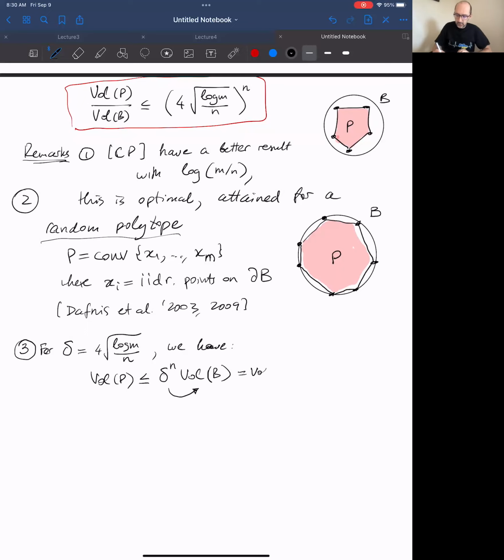So it's the volume of delta B. In other words, what we get is that the volume of the polytope here is smaller than the volume of a very tiny ball, delta B, inside.